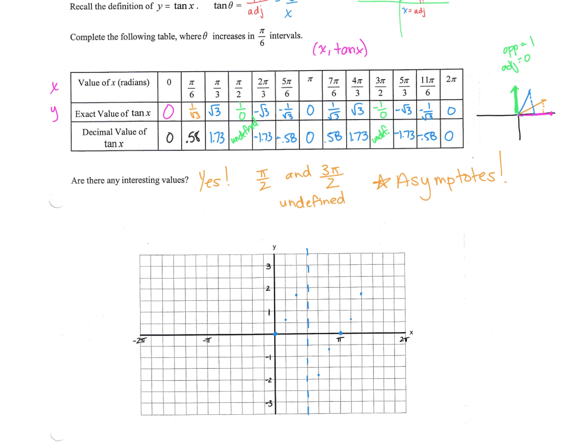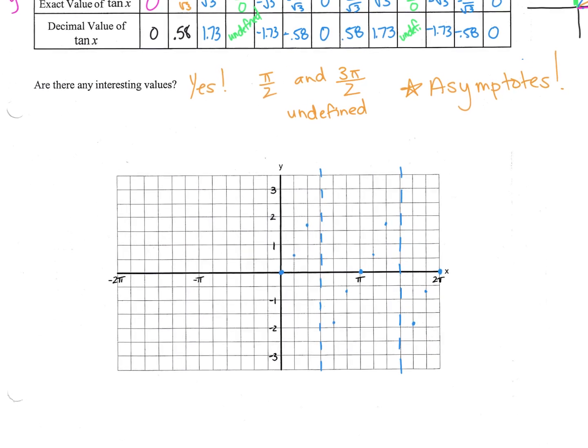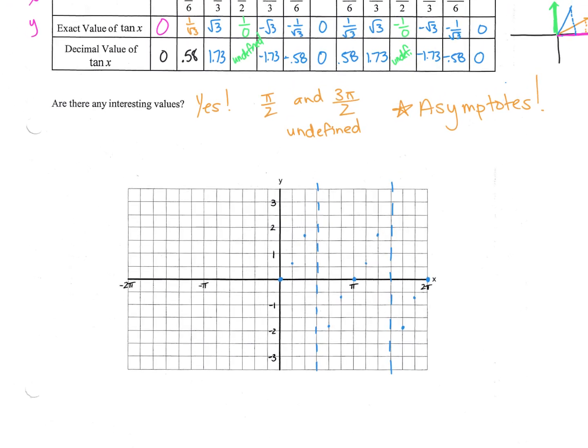At 3π/2, I notice again, using my straight edge, I'm going to draw on that asymptote. And then I'm going to continue on with plotting those points, and I notice that those y values repeat at regular intervals. Now that I've used the values above, I'll zoom in here so we can really see what's happening.